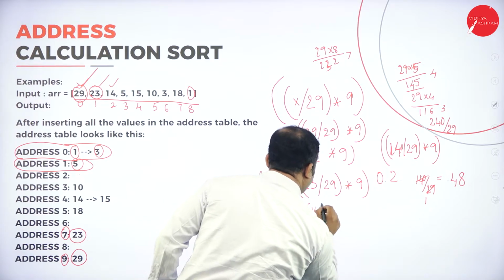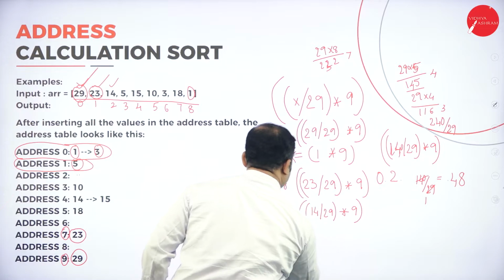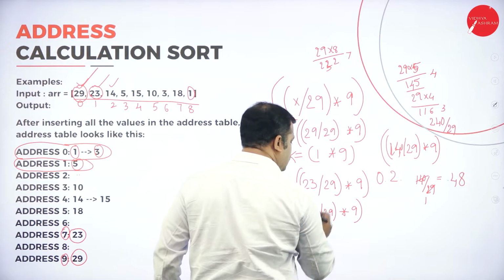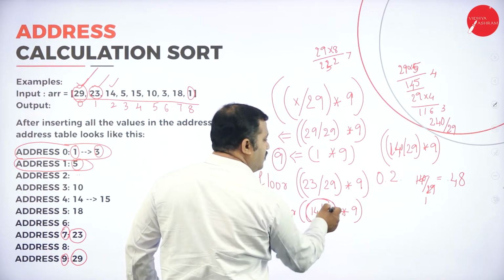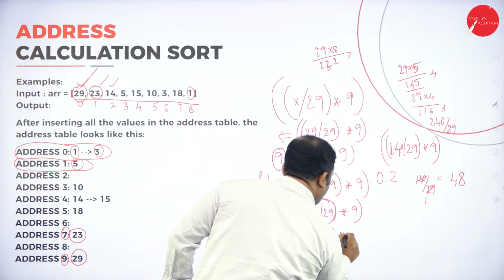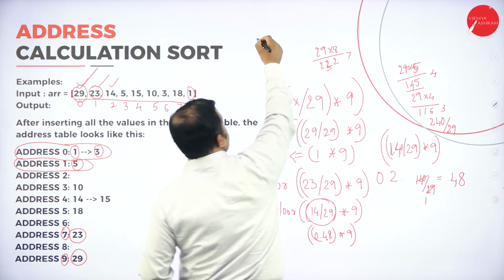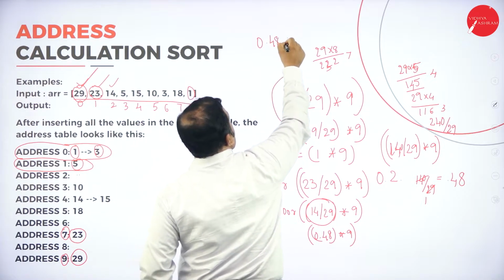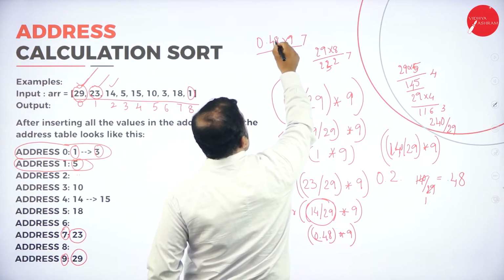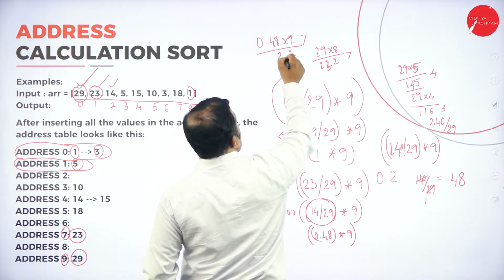That is 14 divided by 29 star 9, and the floor of this is considered. What is the value we obtain from this? By dividing this, we will get the value 0.48. 0.48 star 9, what is the value we get? Let us calculate it. 0.48 into 9, 8 9s are 72, 4 9s are 36, 36 plus 7 is 43.